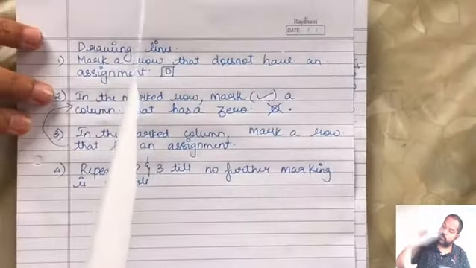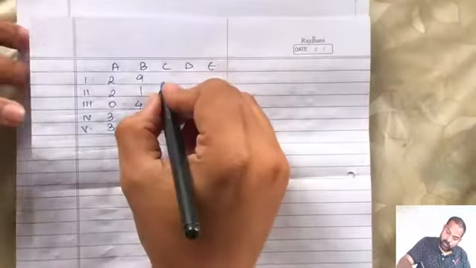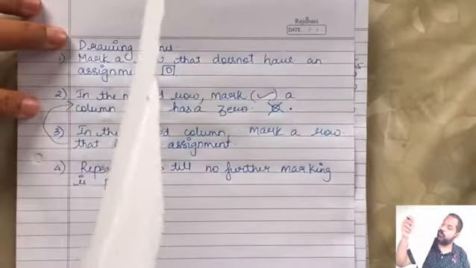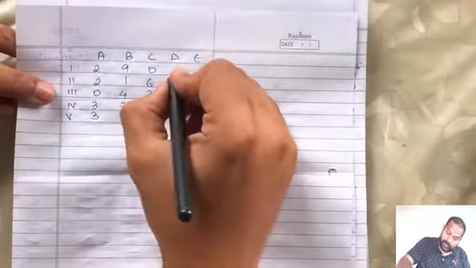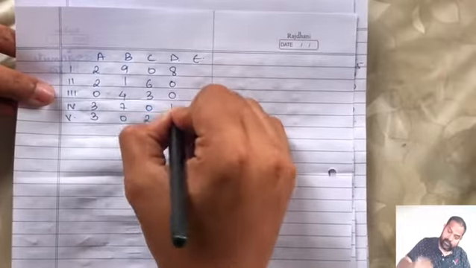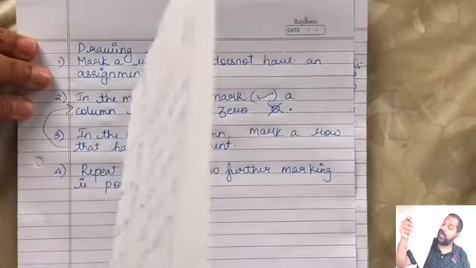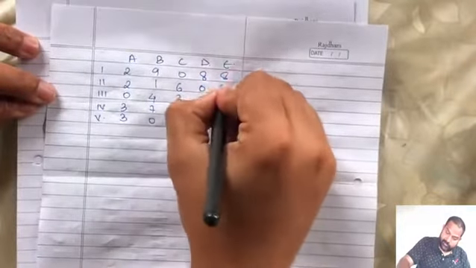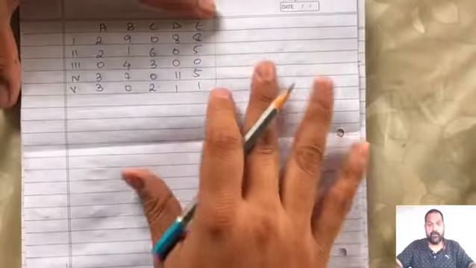C will be 06302. D will be 80011. E will be 85051. Correct? Yes.